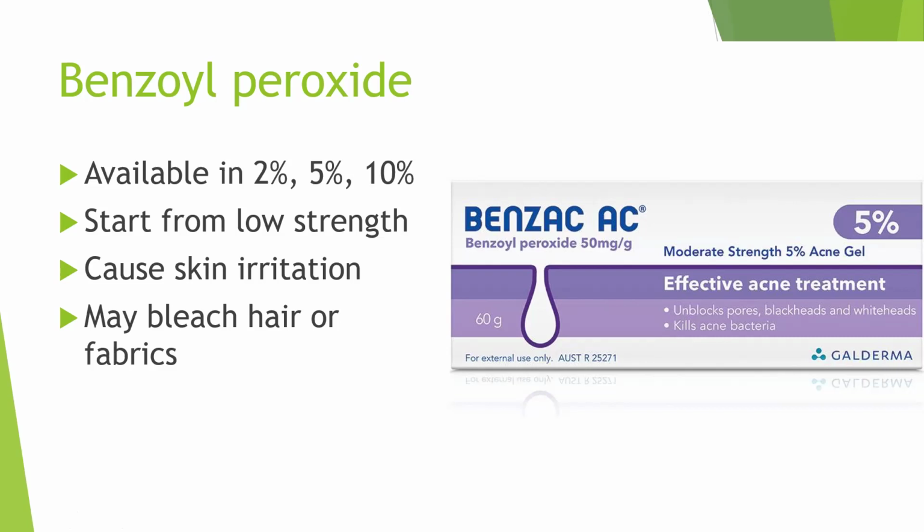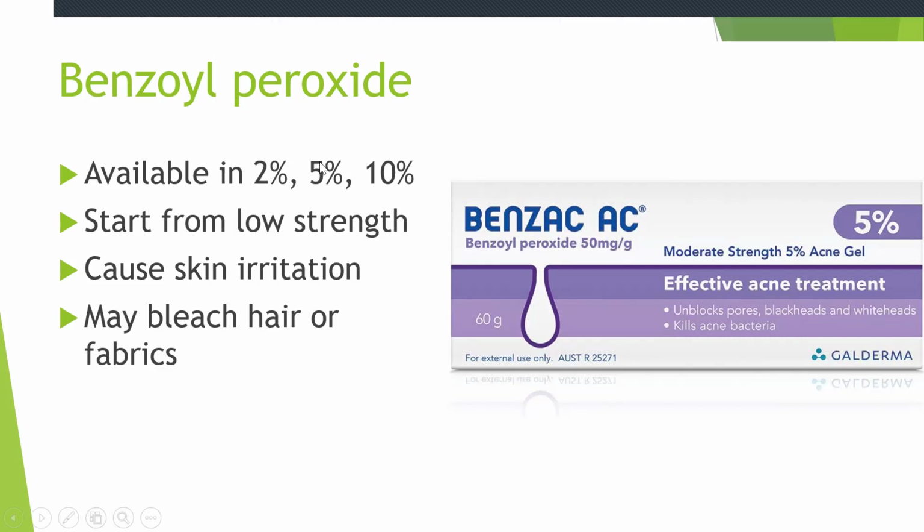So they need to start with 2% and use it once a day. Once the skin gets used to it, they can use it twice a day, and then slowly increase the strength to 5% or 10%.